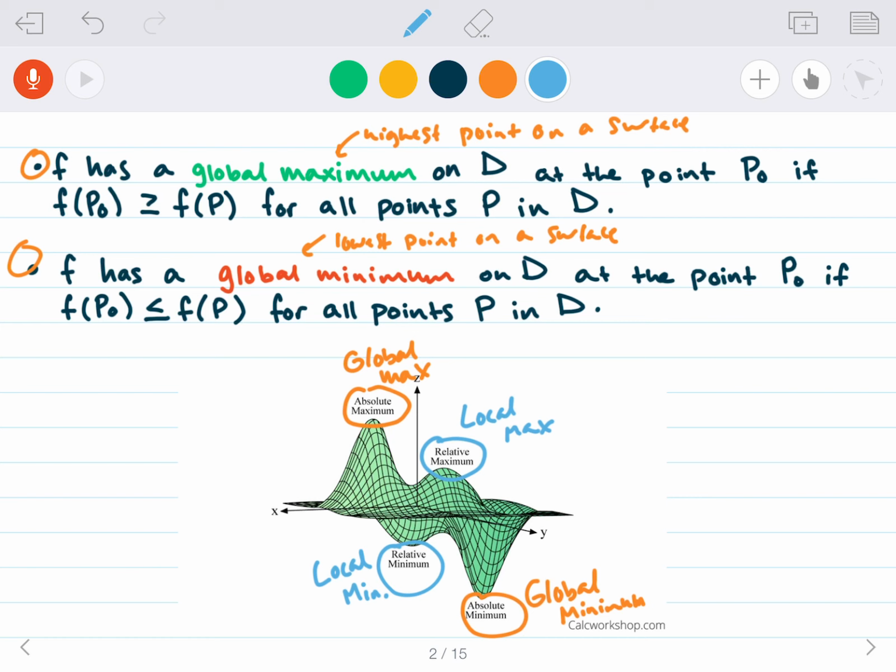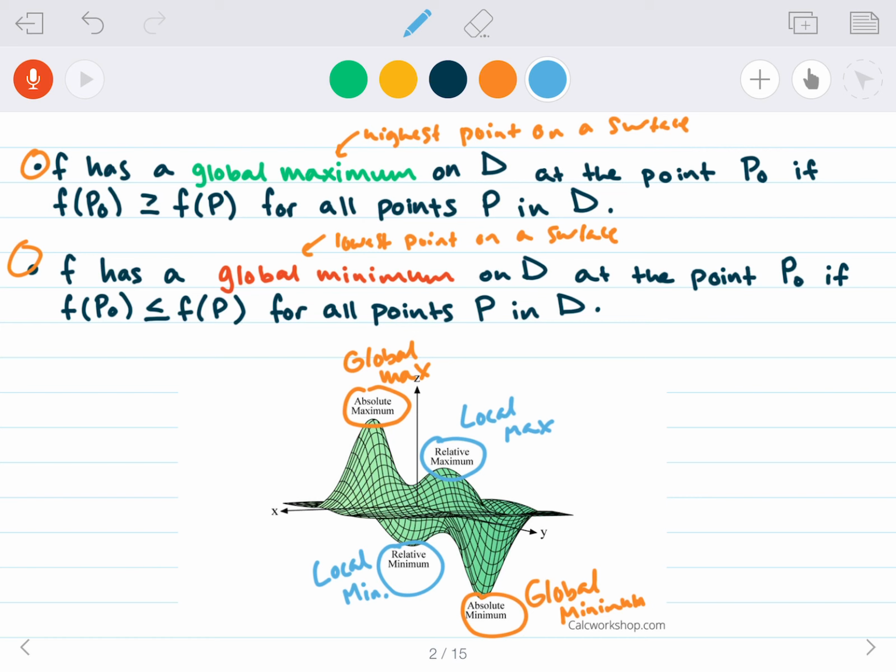But what we're going to do in this section is figure out global maxes and mins algebraically and graphically. And then we're going to talk about the extreme value theorem for multivariable functions.